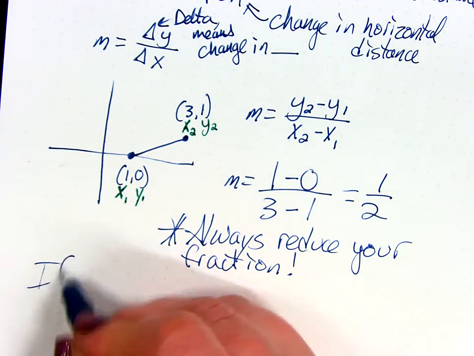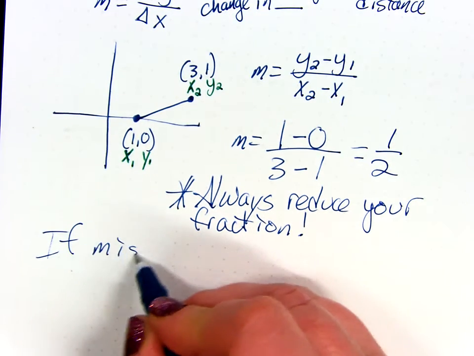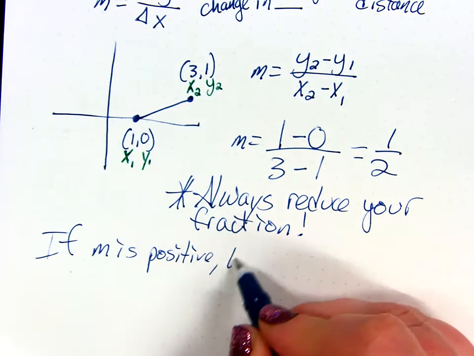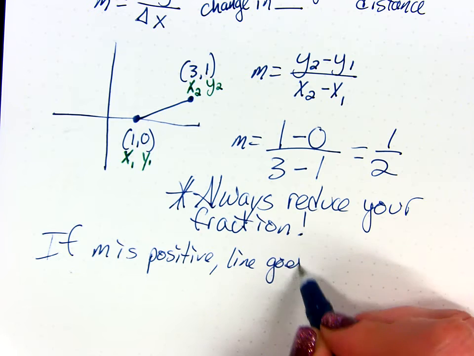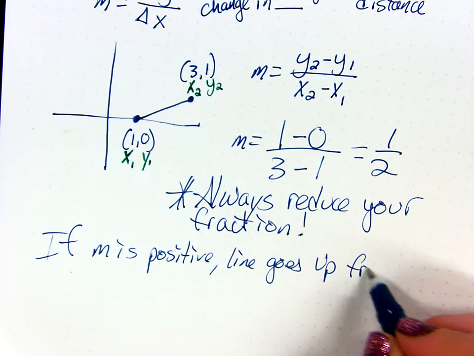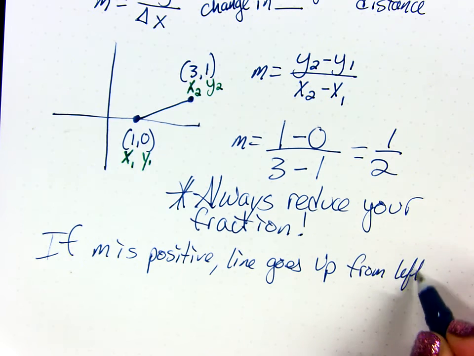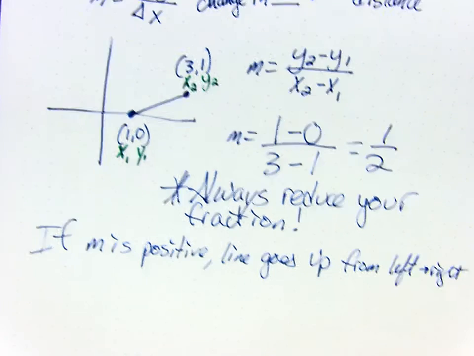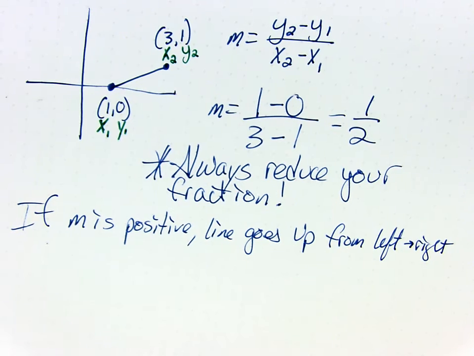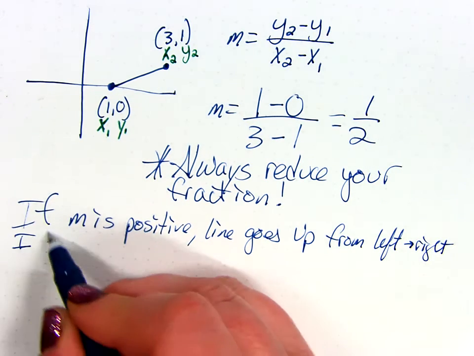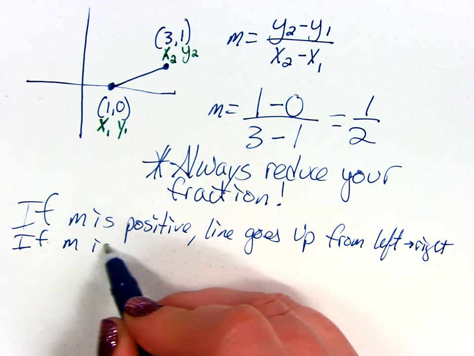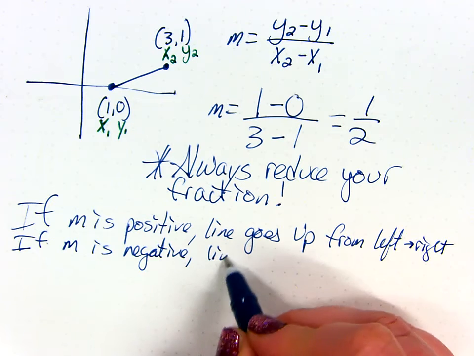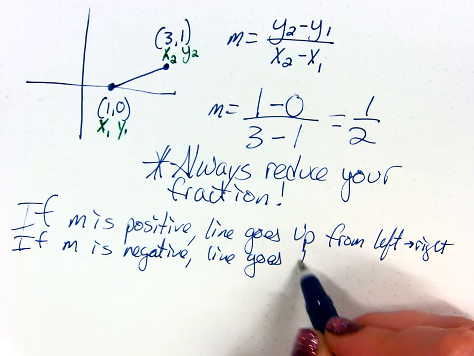So if m is positive, the line goes up from left to right. On the other hand, if m is negative, the line goes down.